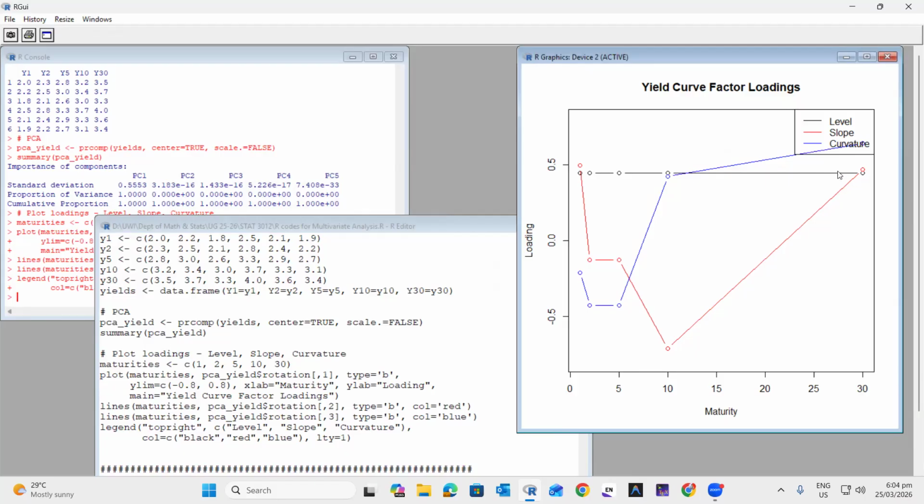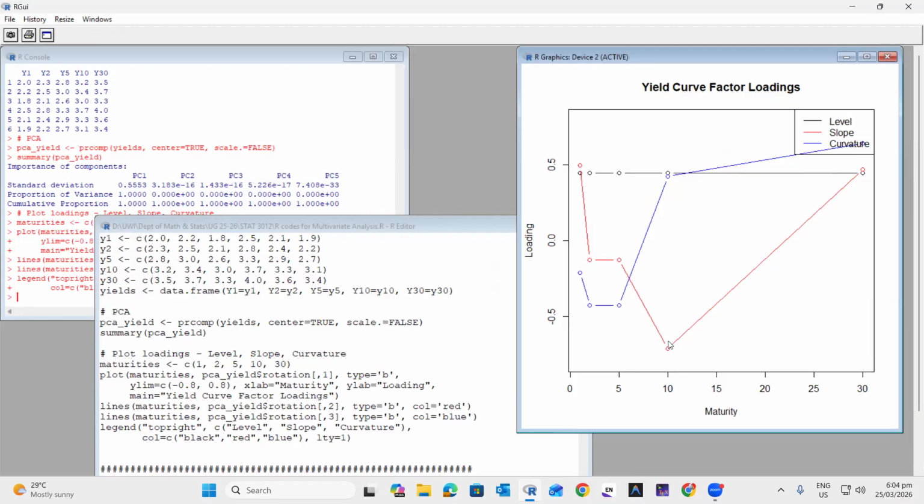And the second one, PC2, is the red one. The loading starts positive at short maturity, almost 0.5 here, and then drops sharply to the negative side, around minus 0.5 to minus 0.10.